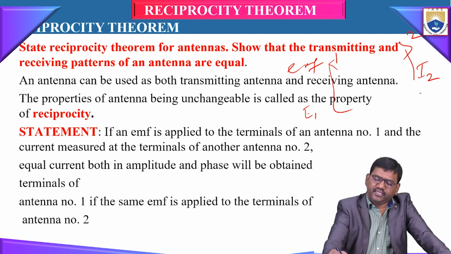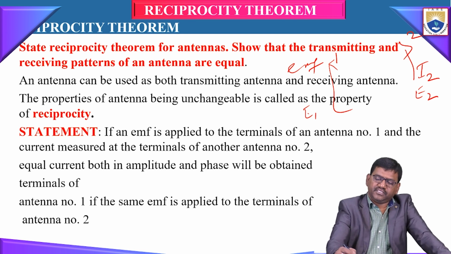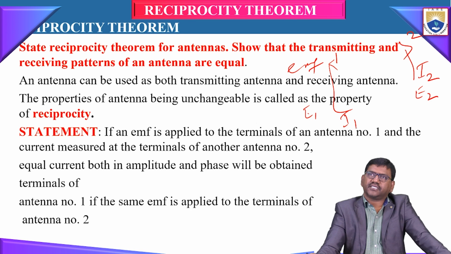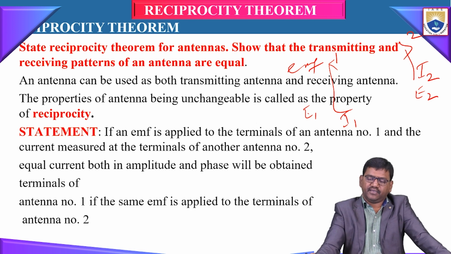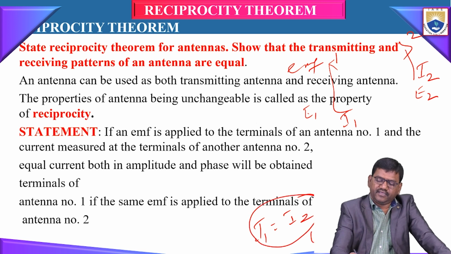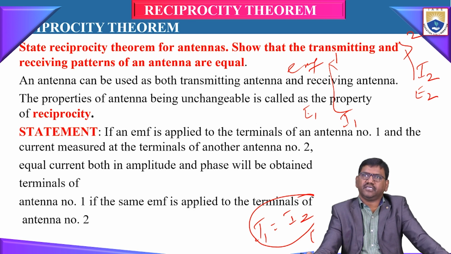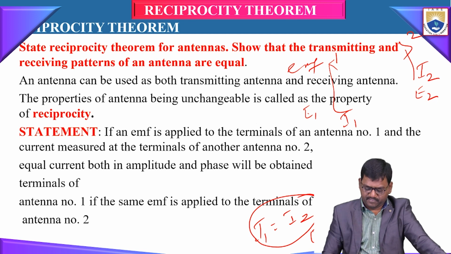If we apply the same EMF E2 at antenna 2 and measure the current I1 at the transmitting antenna 1, then I1 will be equal to I2, provided E1 is equal to E2. So if we apply the same EMF at the transmitting and receiving antennas, the currents measured will be the same, that is, I1 will be equivalent to I2. This is the statement of the reciprocity theorem.